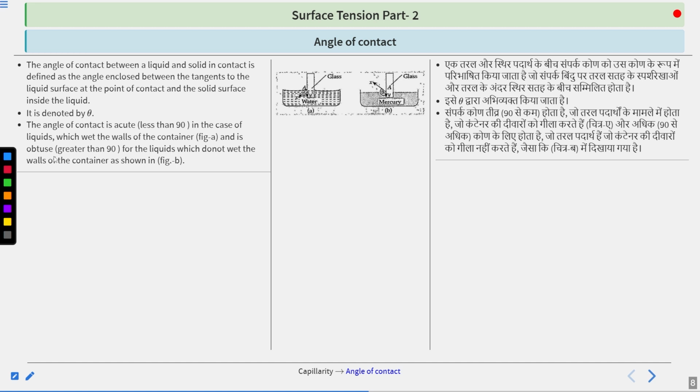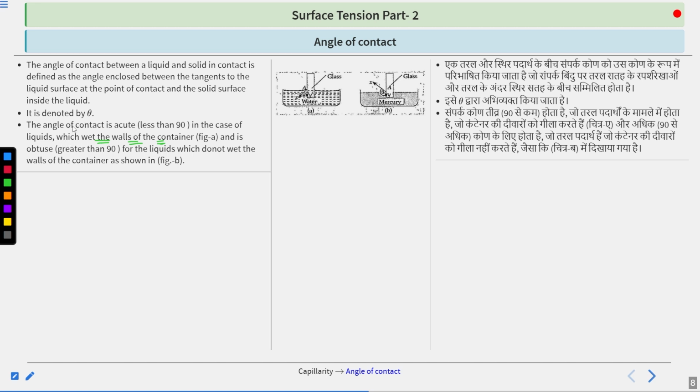So the liquid which has the tendency to rise up in the capillary, like I told you, wets the walls of the container. And if it is able to wet the walls of the container, it means that it could rise up.